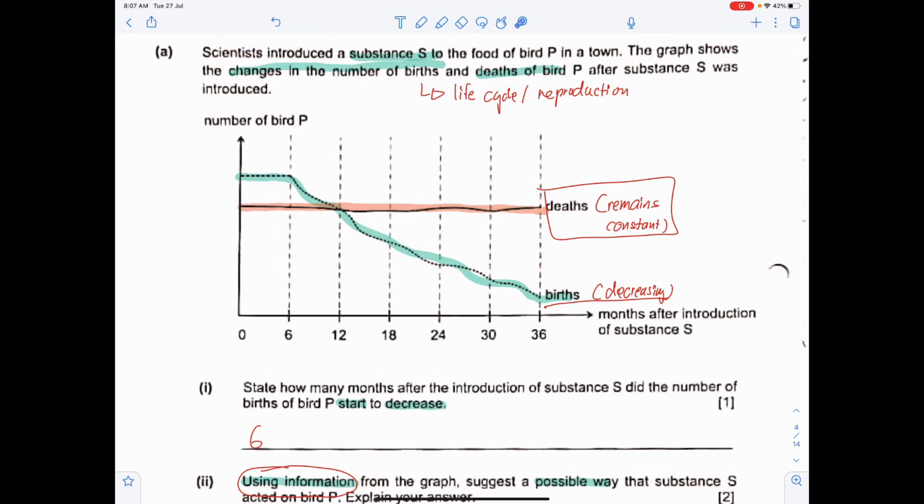That would be the part on the laying of the eggs. You can talk about the laying of the eggs, or you can talk about the fertilization, and in order for fertilization to happen, you can talk about maybe substance X affecting the sex cells, either the female or the male sex cells of the birds. You can talk about it maybe preventing the birds from laying the eggs. It reduces the fertility of the birds.